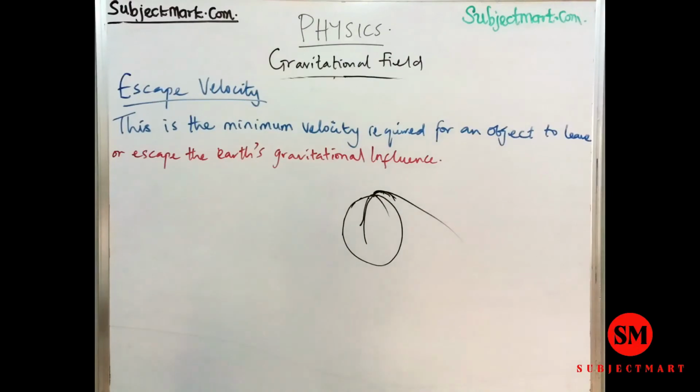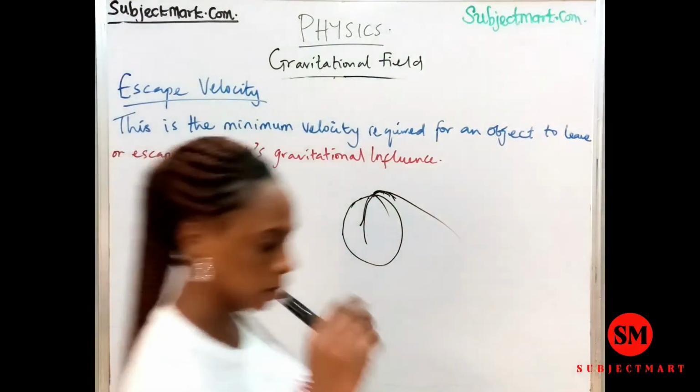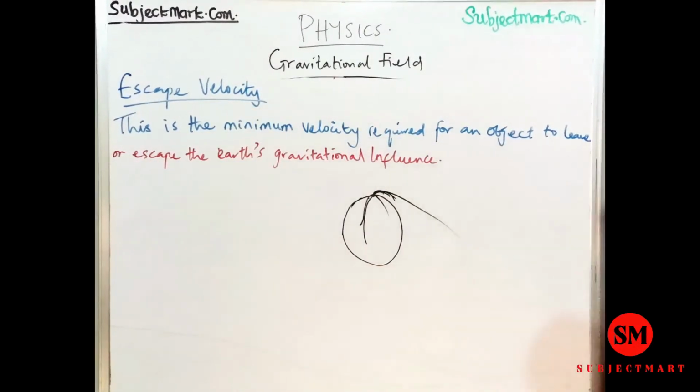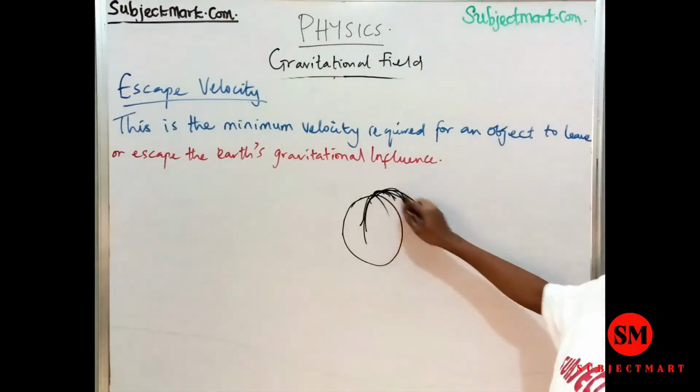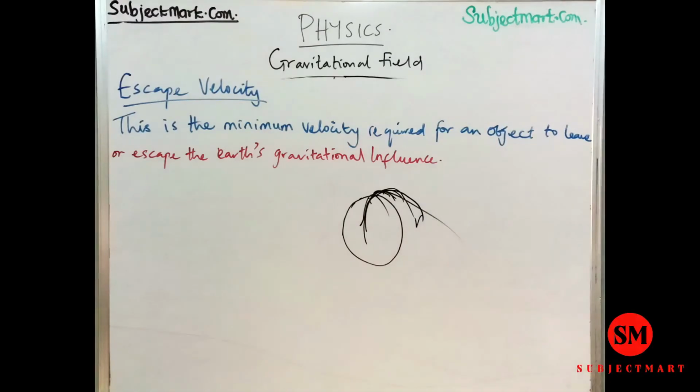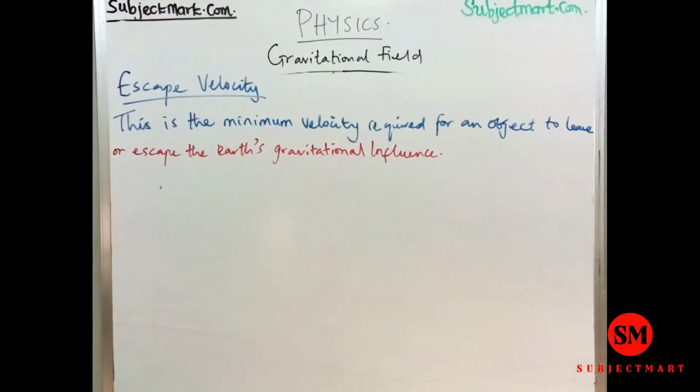So let's take note that we said escape velocity is the least or the minimum velocity required by a body to escape, to come out of the Earth, to actually escape the Earth's gravitational influence. So I'm just going to go ahead and show us how we arrive at the formula for escape velocity.